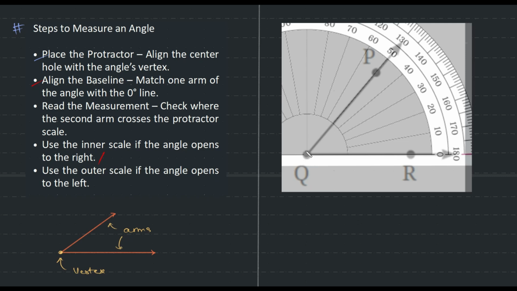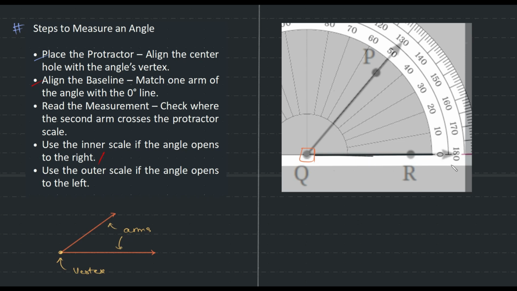What to observe first is this: the center of the protractor and the vertex are overlapping. Next thing to observe is that our arm and the 0-degree line are overlapping again.